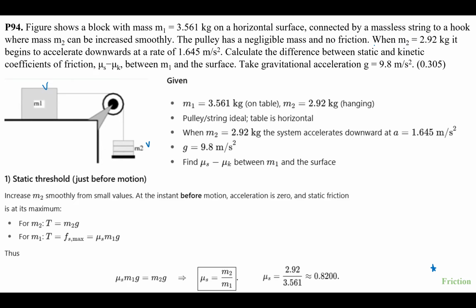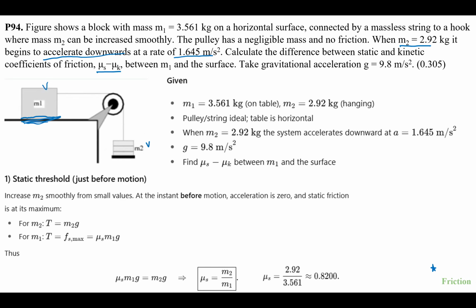When M2 is given by this one, it begins to accelerate downwards at this acceleration, in meters per second squared. Calculate the difference between the static and kinetic coefficients of friction, μs and μk, between M1 and this surface.